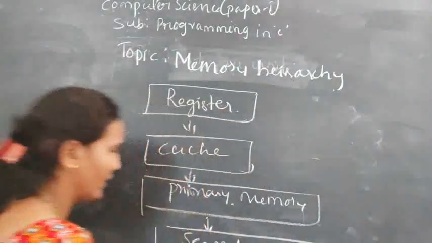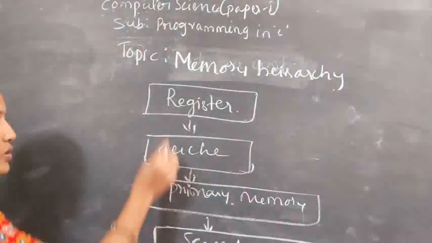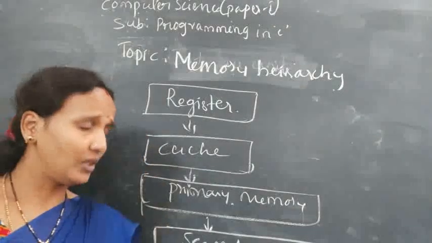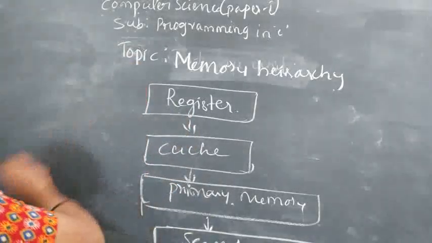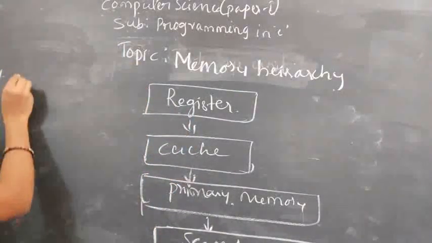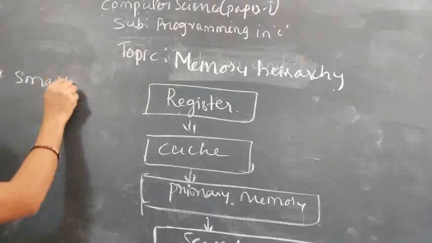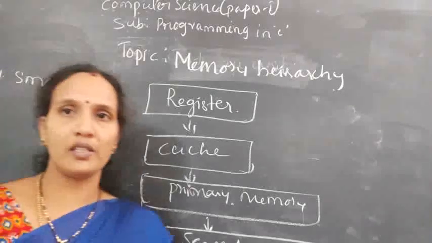This is a hierarchy, from the smallest storage unit to the biggest storage unit. Okay, so registers. Actually, register is the smallest storage unit in the system.